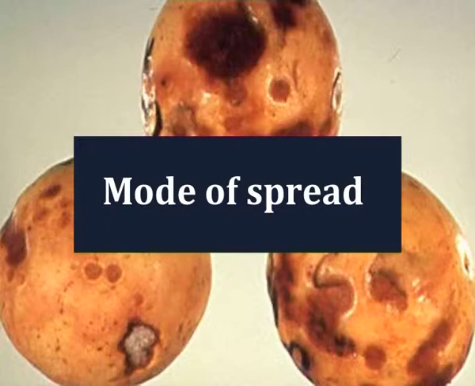Next, about the mode of spread of the disease. By wind-borne spores available on dead leaves, twigs and mummified fruits in the orchard. Dense canopy is congenial for germination of spores due to suitable moisture regime. Movement of planting material through infected foliage.